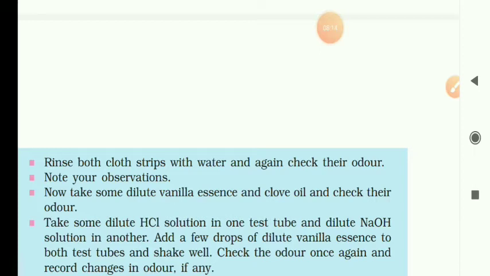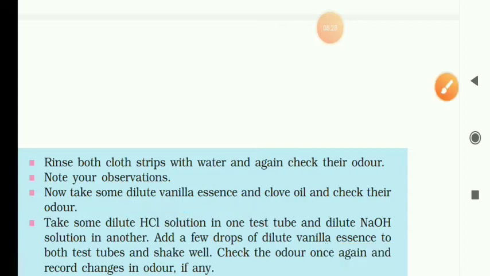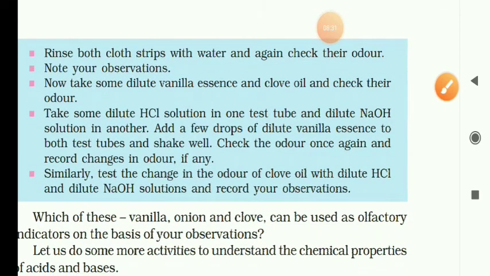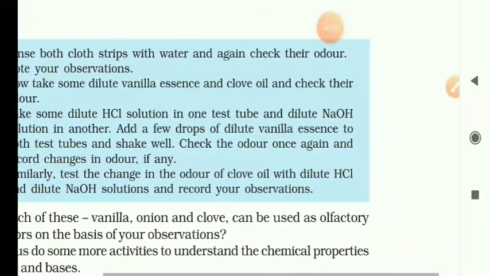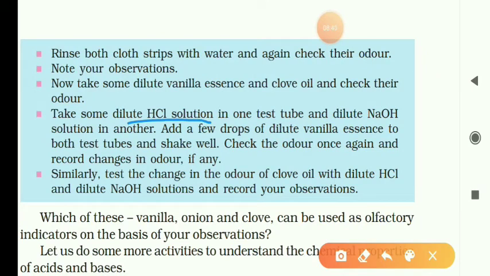So now take some other examples. Take some dilute vanilla essence, dilute vanilla extract, and also clove oil, and check their odor, their smell. So dear students, just repeat the same activity. Take some dilute HCl solution in one test tube and dilute sodium hydroxide solution in another test tube.